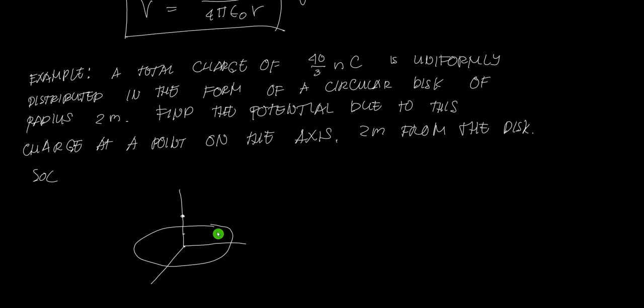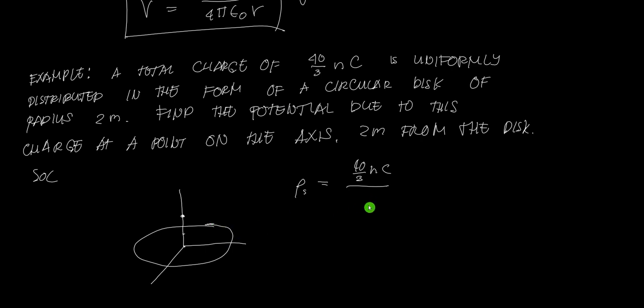That's a total charge. Because this is a circular disk, we can determine the density. This is a sheet charge, rho s, surface charge density. And you remember the surface charge density is equal to the ratio of the total charge divided by the area. The total charge is 40 over 3 nanocoulomb, and you divide that with the total area because this is a circle. What's the area of a circle?